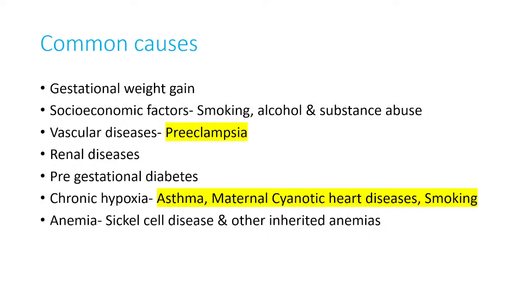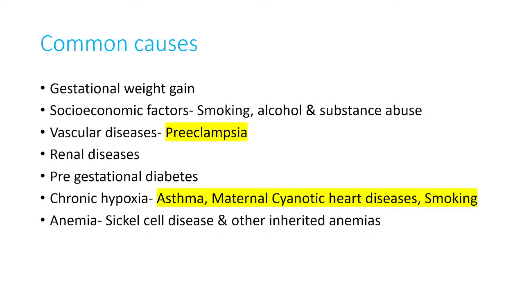If the weight gain is less than that, it may be 7, it may be 5 kg, in that case there may be chances of FGR. But this is not the same for overweight ladies. Overweight ladies should gain weight up to 7 kg only.